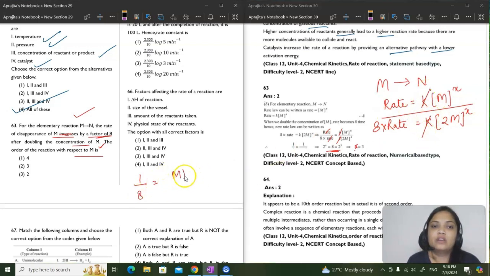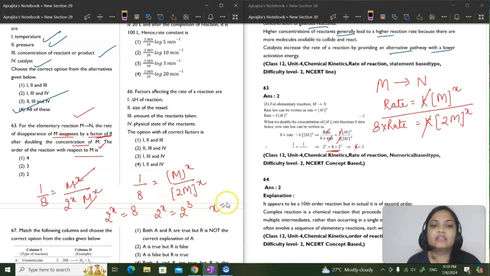So here you have M to the power X, and here you have 2M raised to the power X. So 1 upon 8 is equal to M to the power X upon 2 power X, M power X. So M power X will cancel. 2 power X is 8. So you know that 8 can be written as 2 cube. So from here the value of X is 3. Means this will be the order of the reaction.